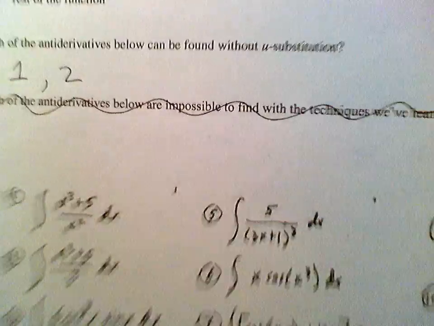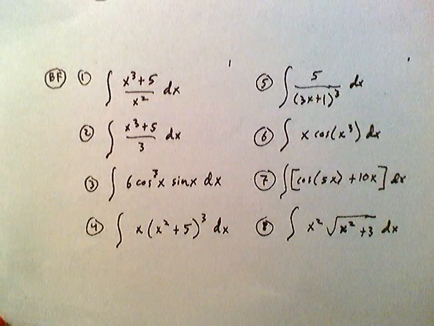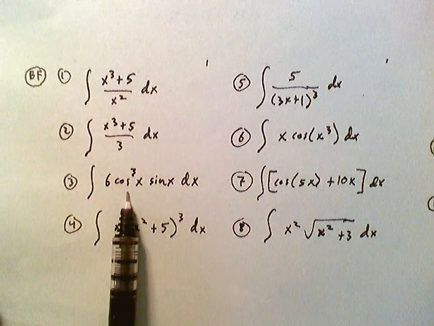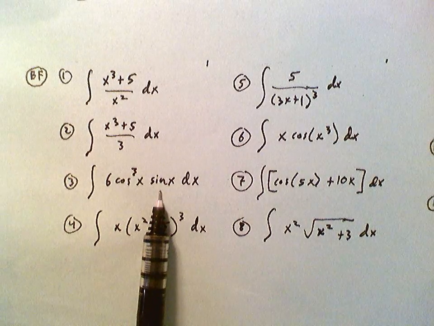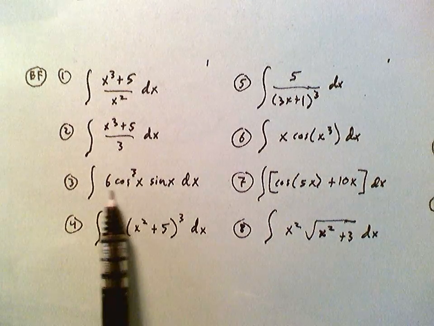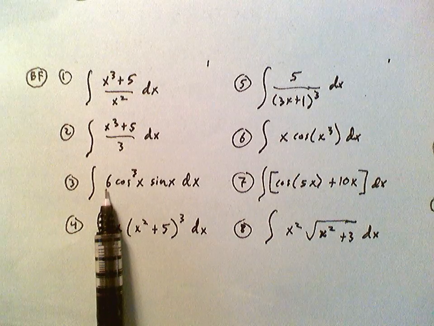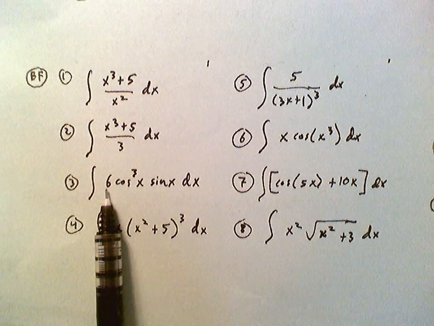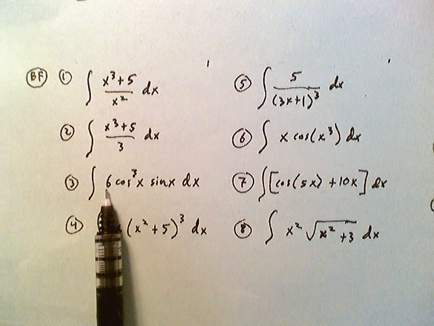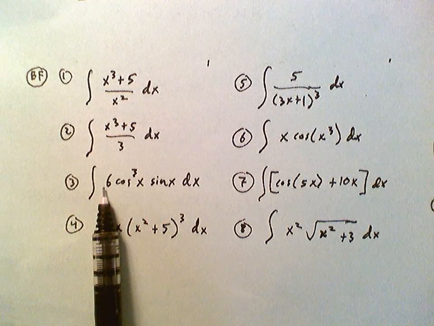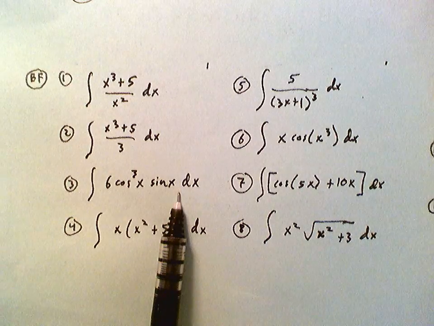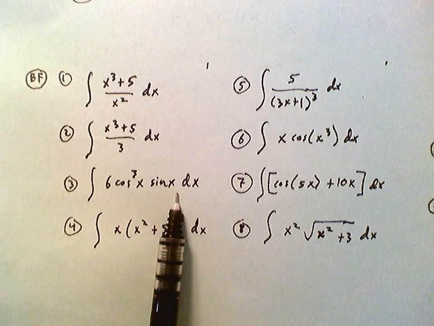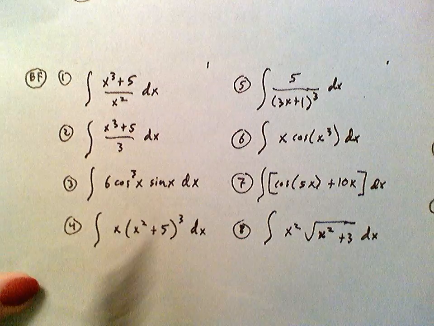Number 3, so you ask yourself, 6 cosine to the third of x times sine of x. This is a very complicated function. We cannot use power rule on it, and we have not memorized an antiderivative of this. This is not a function that comes up a lot. So yes, we would need U substitution for this one. I'm not going to write it up top.